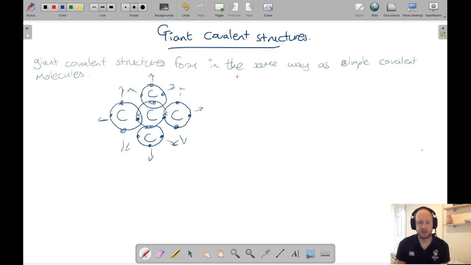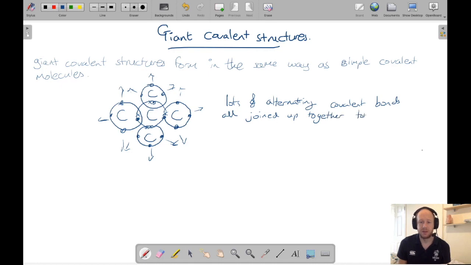So in a giant structure, we have lots of alternating covalent bonds, all joined up together to effectively make one giant molecule.